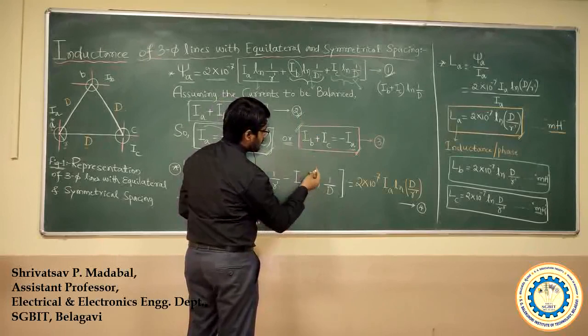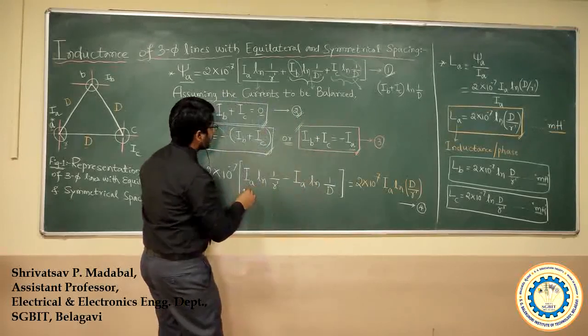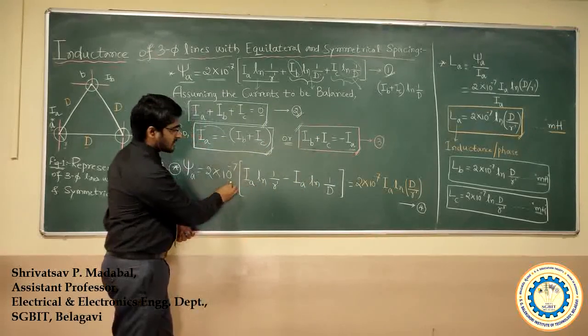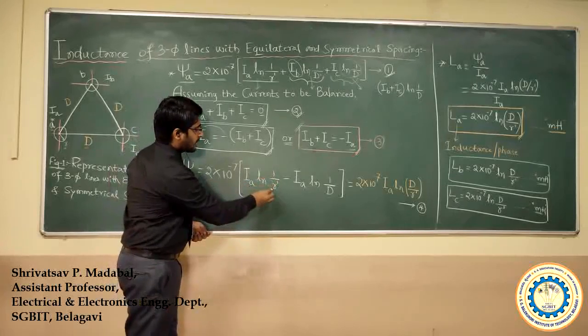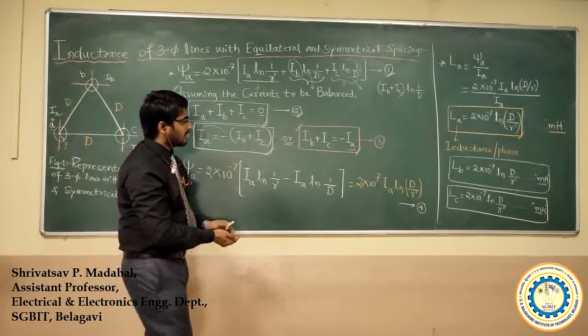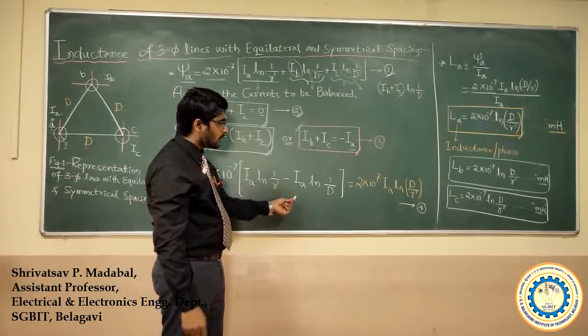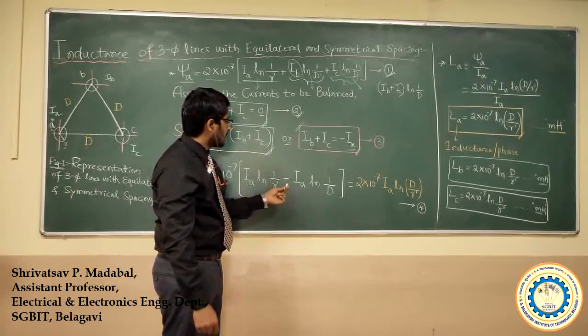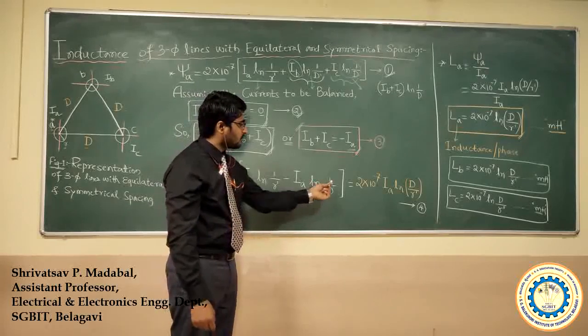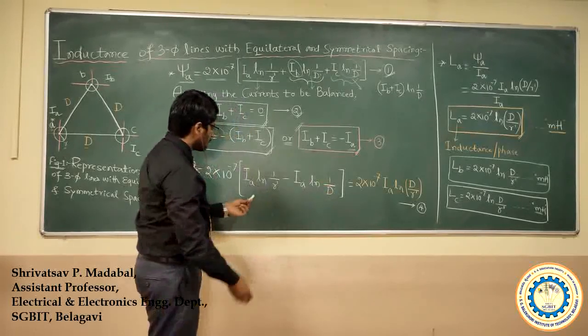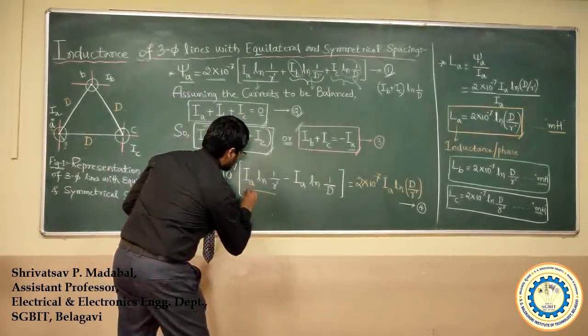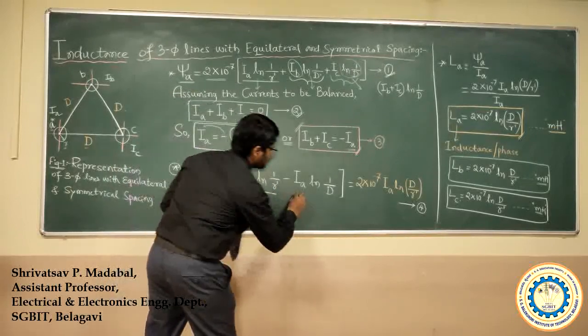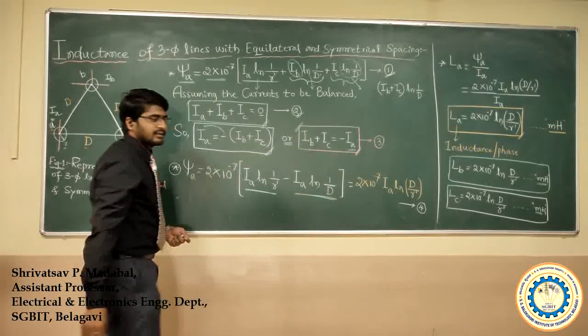What I attained is 2 into 10 raised to minus 7 IA ln of 1 by R dash as the first term, and the second and third terms, resolved in terms of IA, give minus IA ln of 1 by D. Now both the first and second terms are in terms of the common current IA.